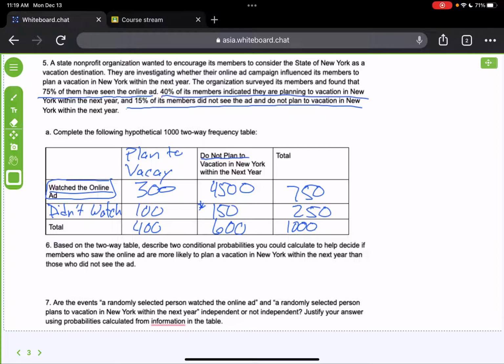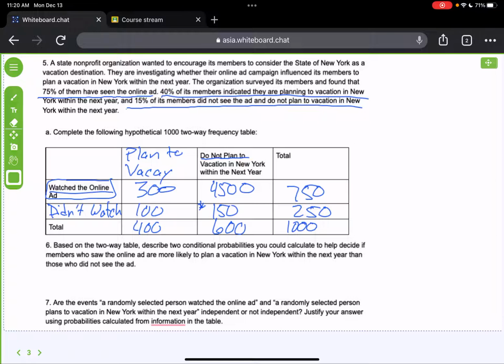Okay. Now, it says, based on the two-way table, describe two conditional probabilities you could calculate to help decide if members who saw the online ad are more likely to plan a vacation in New York City within the next year. Okay. Well, how would we determine this? Well, we would say they watched the ad.